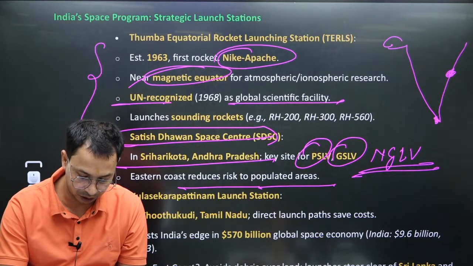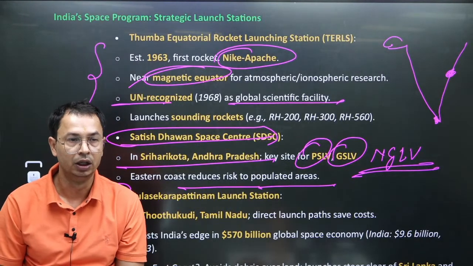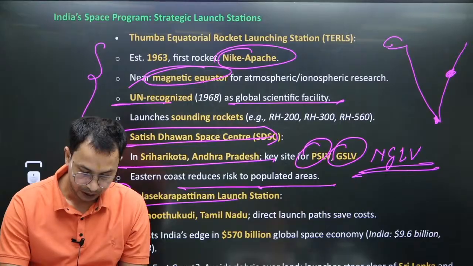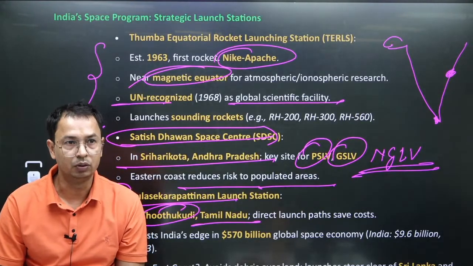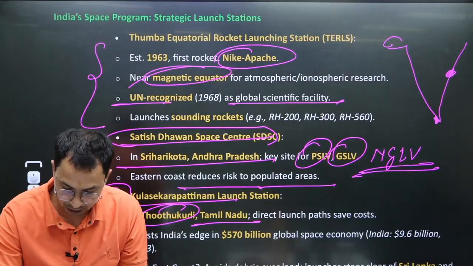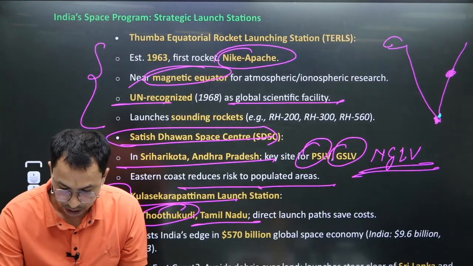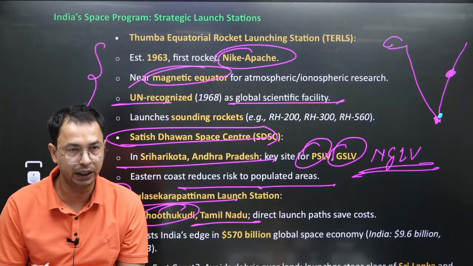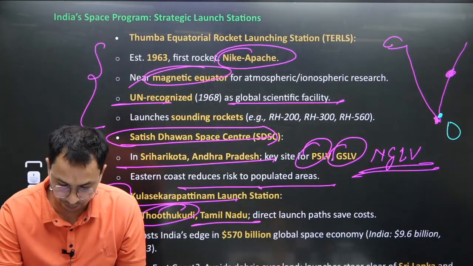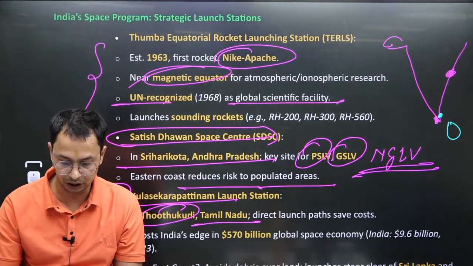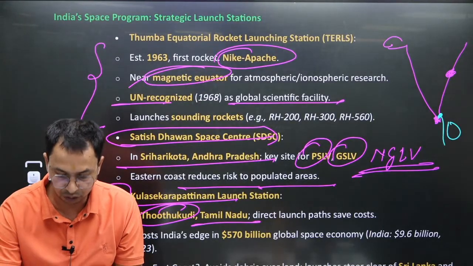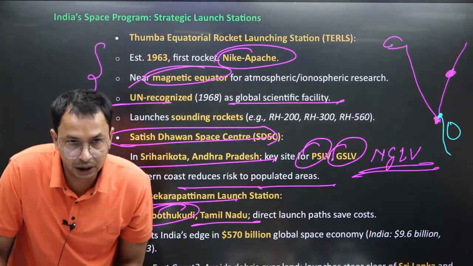Then the third rocket launching station that we are building right now is in Kulasekarapattinam, in the Tuticorin district of Tamil Nadu. And why are we building this third rocket launching station? Because of its proximity to the equator. If we have a rocket launching station in Kulasekarapattinam, then it does not have to maneuver over Sri Lanka.